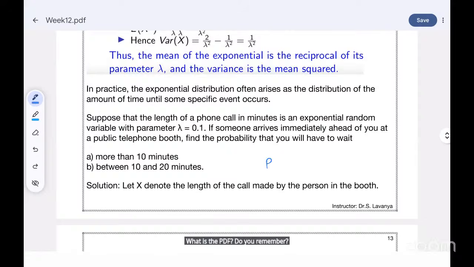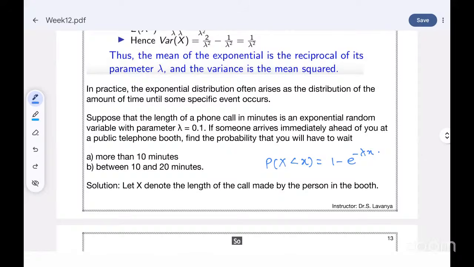Do you remember? Okay, so this is the cumulative distribution function. Use this to find the answer.